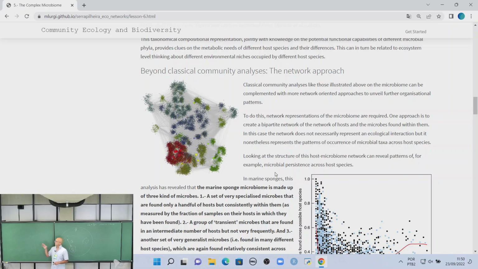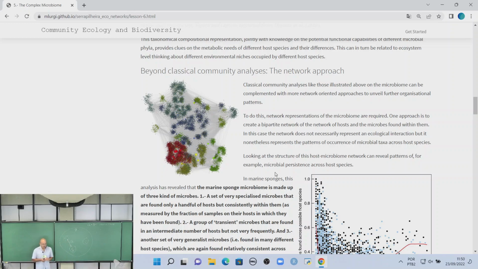But now the interesting part is how we can use more of the network approaches that we have been learning during this week to build upon those analyses and make more targeted analyses on different parts of the communities that we cannot see only by looking at traditional community metrics, right?